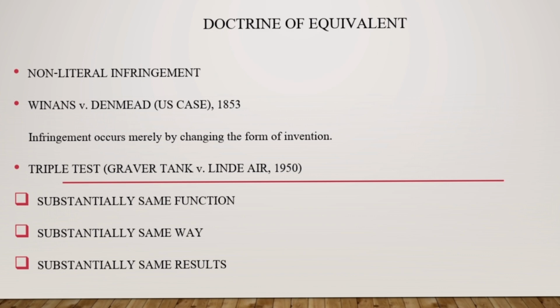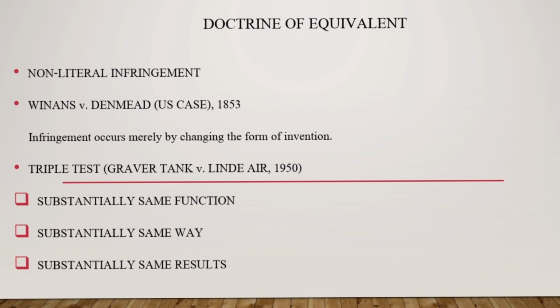Okay, I'll give you an example for our better understanding. A manufactures a variety of tablet to cure headache in round shape. Later, B, by using the same way of A's product, that is a tablet, with the objective of curing the headache, makes it not in round shape but in oval shape. Okay, let's connect this example with this test. First test is substantially same function, it means same category.